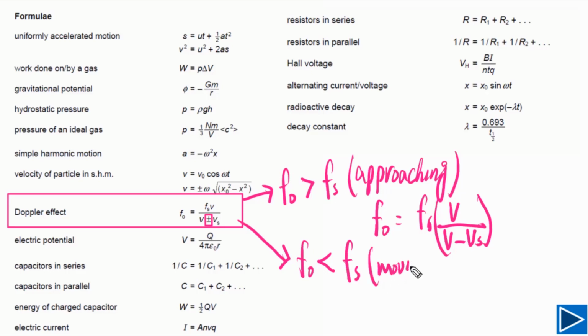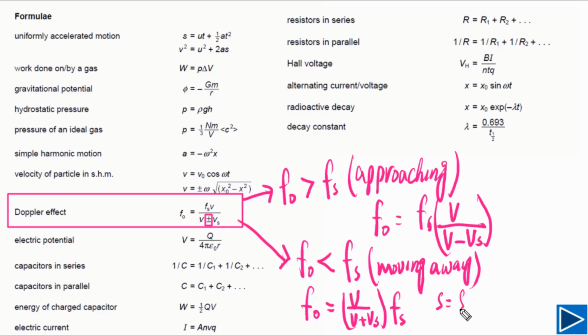So when the source is moving away, the formula you have to use is fo equal to v/(v + vs) multiplied by the frequency of the source, fs. S here is for source, so fs is the frequency of the source, and o is for the observed frequency. This is a very important one you need to understand.